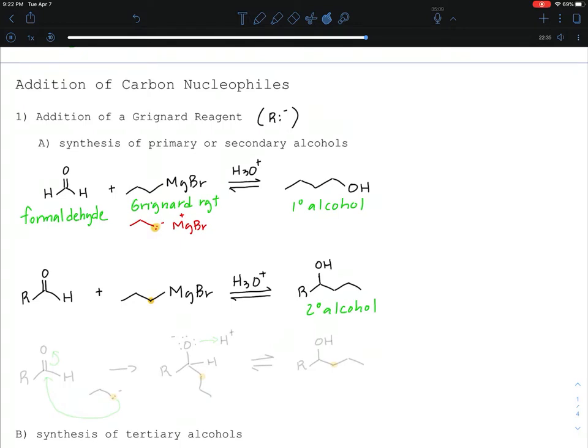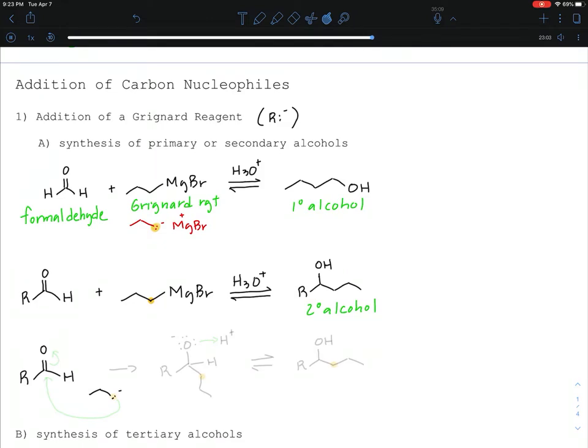This is a standard Grignard reaction, right? What happened? Well, we can draw out a mechanism for this down below here if you like. I'll do the reaction that I just had there. So I'm going to take the Grignard, and this is going to react like this.